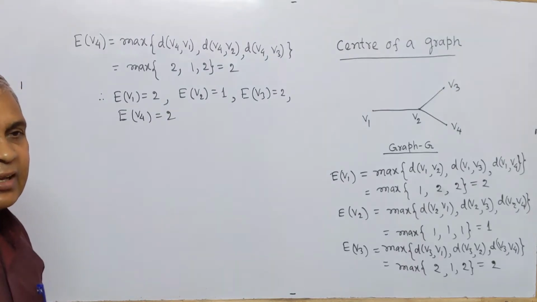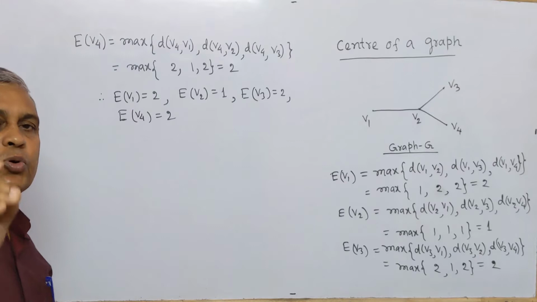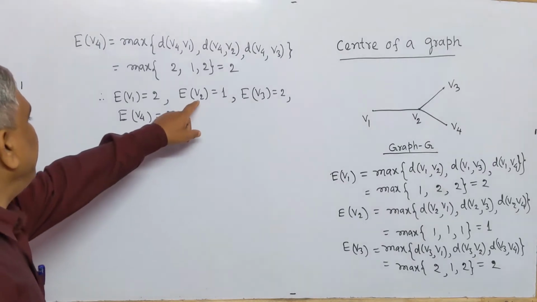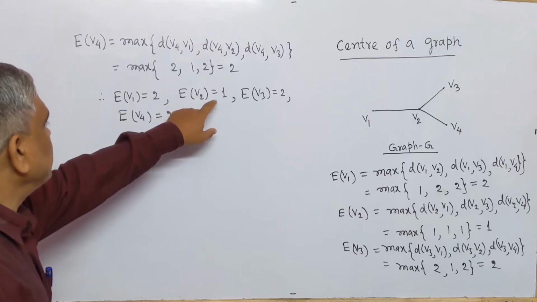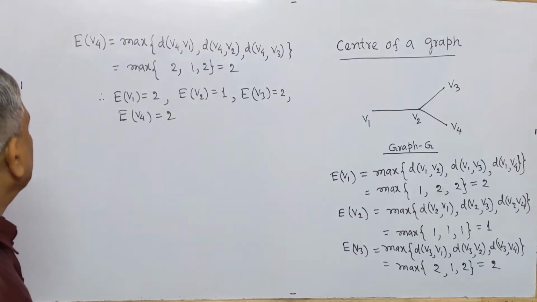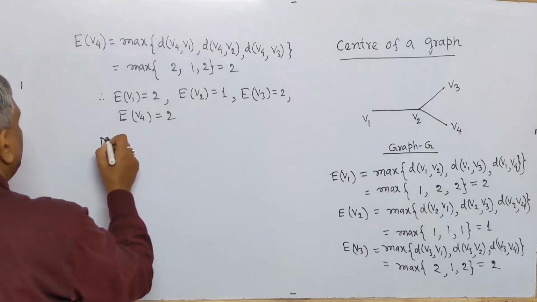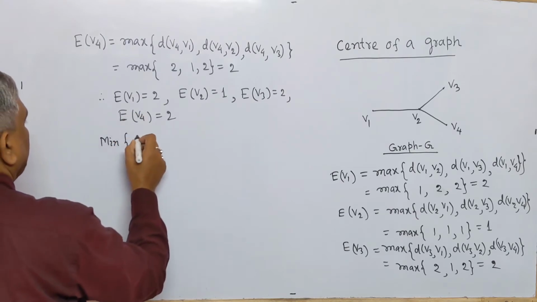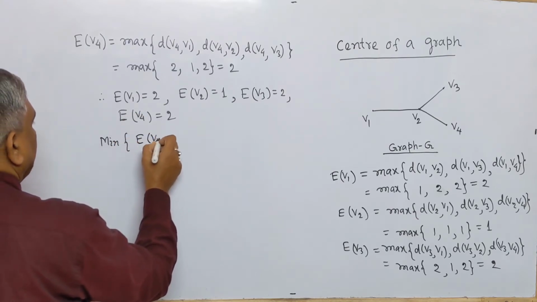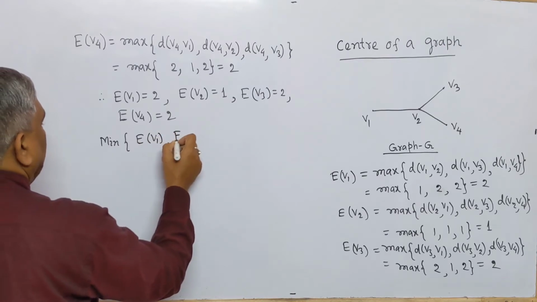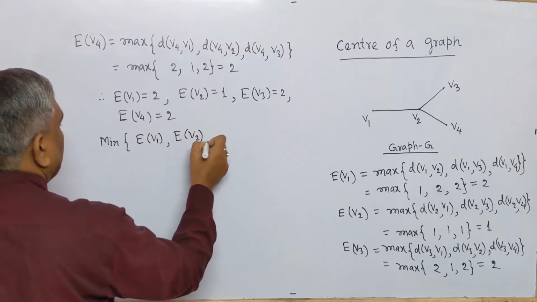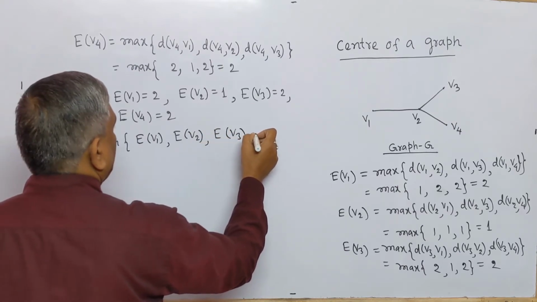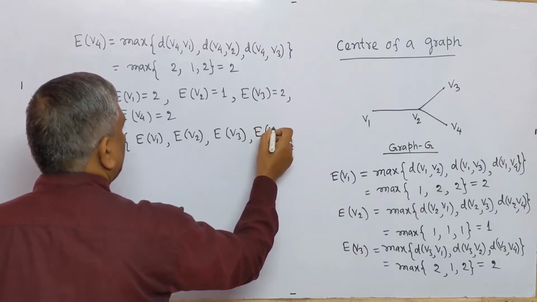Here we see that the vertex which has minimum eccentricity is the vertex V2. This is 1. So minimum of E(V1), E(V2), E(V3), E(V4).